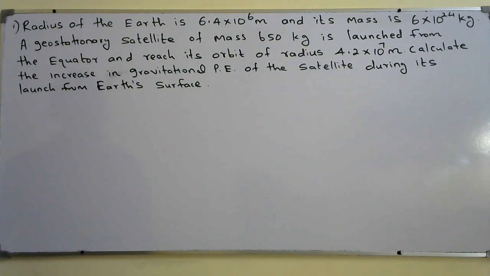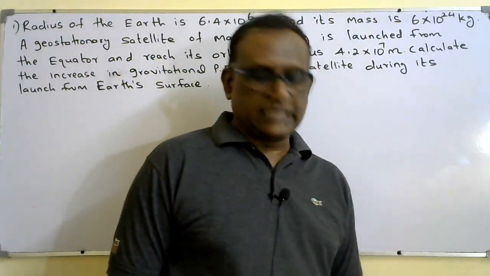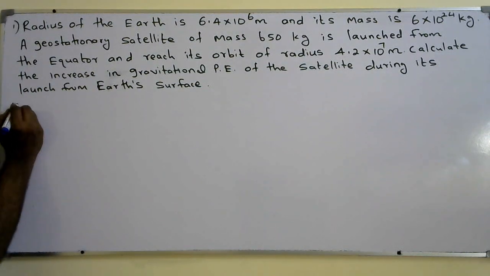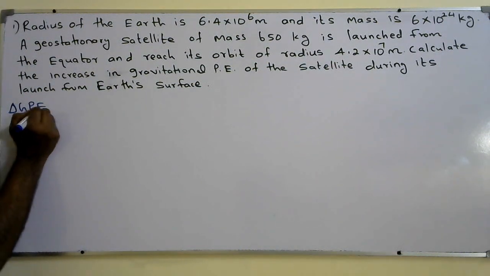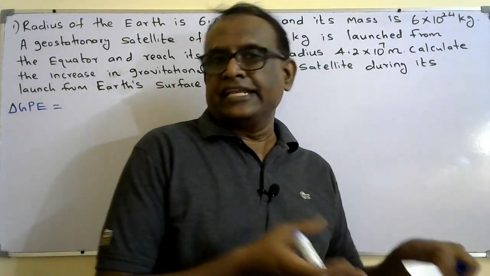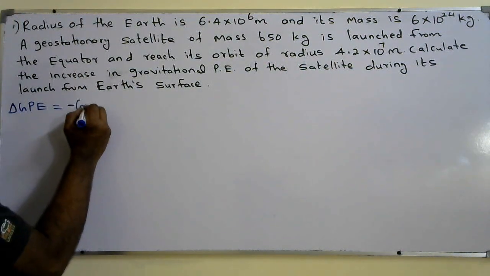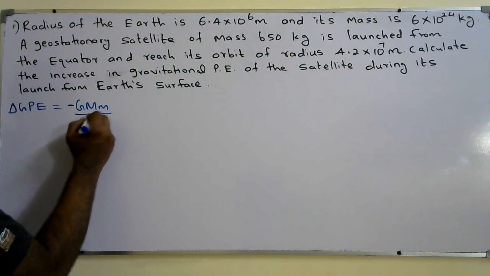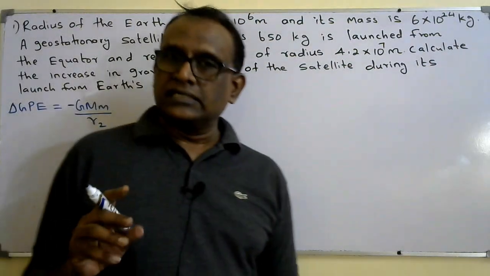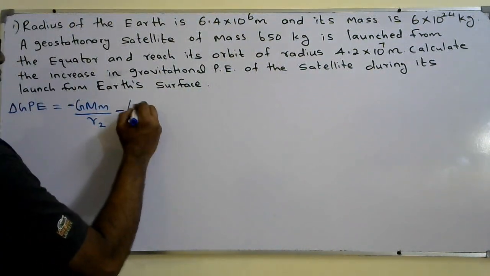So the increase in gravitational potential energy, delta GPE, is equal to final GPE minus initial GPE. We know GPE equals minus GMm over r. So minus GMm over R2, where R2 is the radius of the geostationary satellite's orbit, minus, minus GMm over R1, where R1 is the initial radius, that is from the surface of the planet.